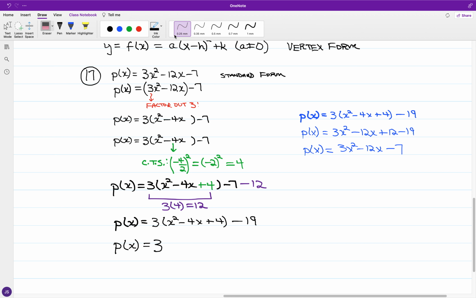And again, we're going to have the vertex form, looking at the characters that will be inside the parentheses.